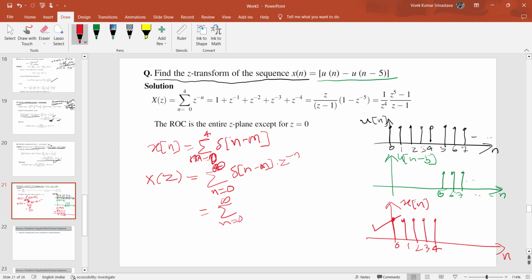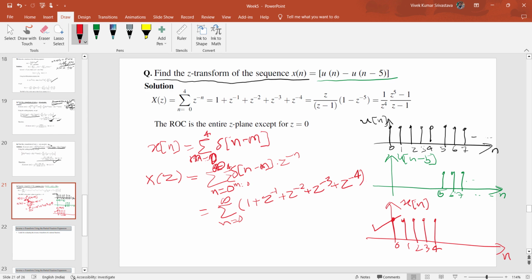Once you evaluate this expression, you will get 1 plus z raised to the power minus 1, z raised to the power minus 2, z raised to the power minus 3, and z raised to the power minus 4.